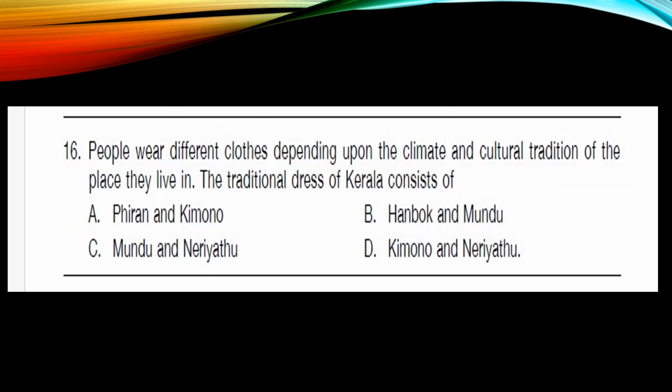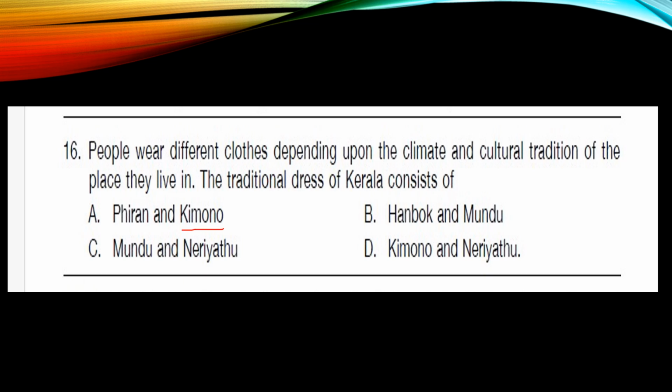Question number 16. People wear different clothes depending upon the climate and cultural tradition of the place they live in. The traditional dress of Kerala consists of option A, Firan and kimono, B, hanbok and mundu, C, mundu and neryathu, D, kimono and neryathu.